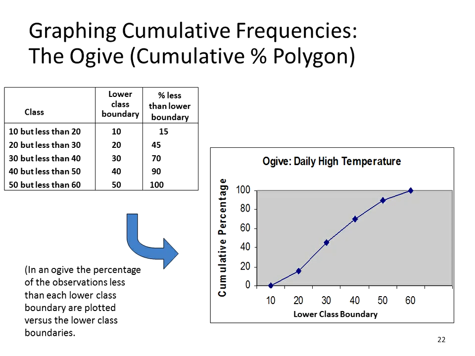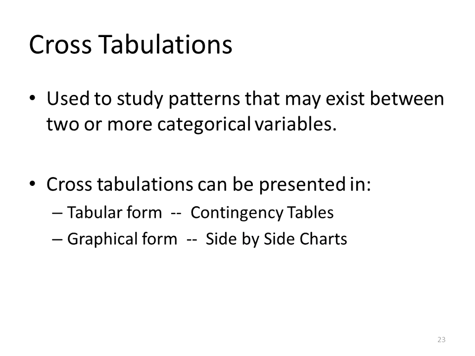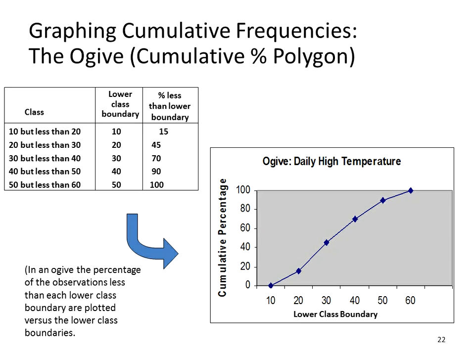So in this case, you can be asked to strictly draw the less than ogive, and then you'll only have what is being displayed. If you are asked to draw the more than, then it will start from the top going all the way down.